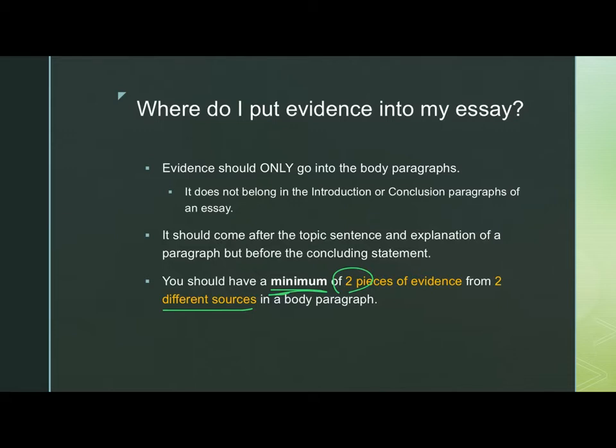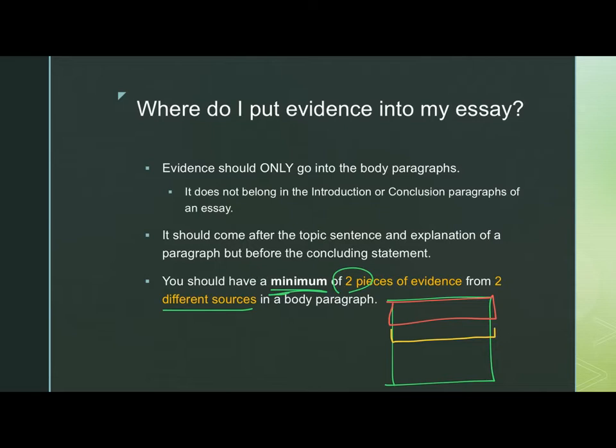So if you remember that paragraph box, this represents the paragraph. And if you remember, we start with that topic sentence and explanation section. So in the middle part, it's supposed to be your evidence. But you're going to have evidence from 2 different sources.